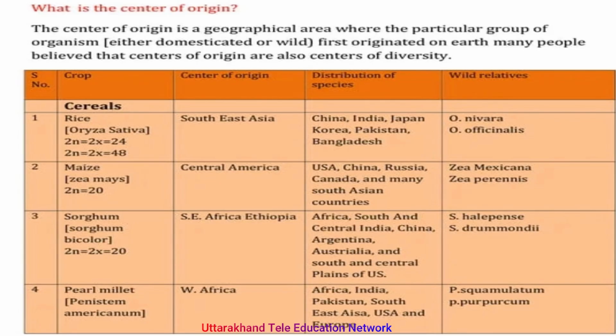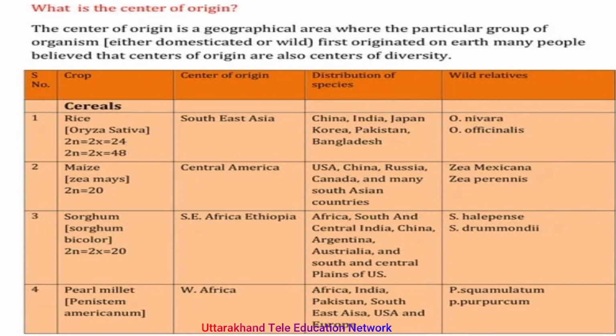Center of origin is Central America, and distribution of species are found in USA, China, Russia, Canada, and many South Asian countries. And wild relatives are Zea mexicana and Zea perennis. Third one is sorghum bicolor.